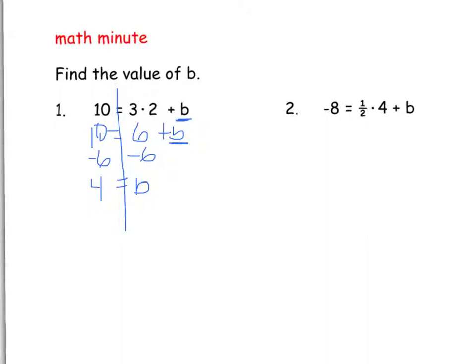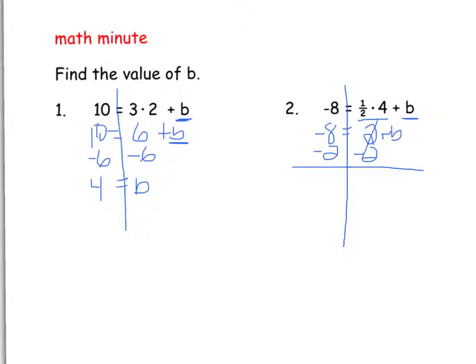All right, second example. We're still solving for b. So we have this portion right here of our equation, 1/2 times 4, that we can simplify before we start solving. So 1/2 of 4 is 2, plus b equals -8. And then it's plus 2, so we're going to subtract 2. If you do it to one side, you have to do it to the other.